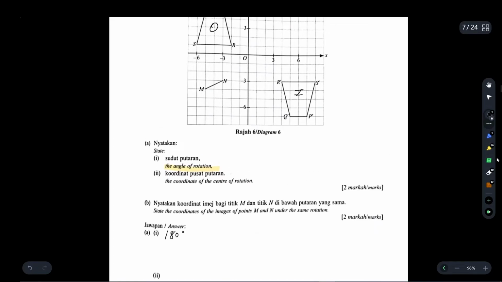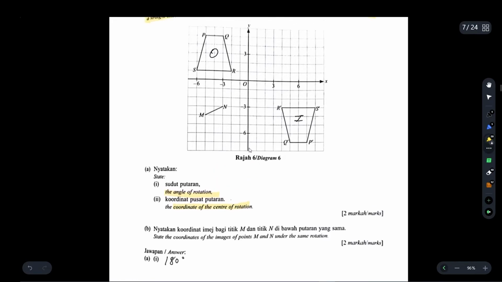And right now we have to find the coordinate of the center of rotation. What I would like to do is join R to R and then S to S, just to be sure, so we have to line this up.